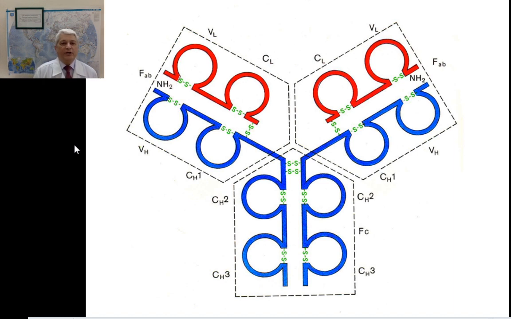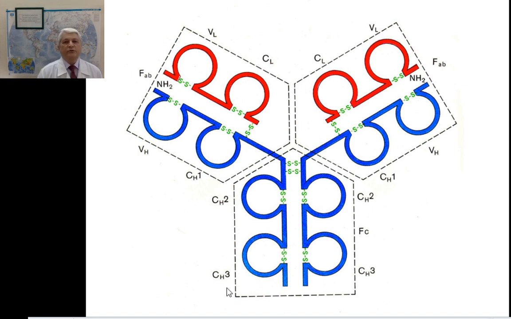Every polypeptide chain, as you very well know, has a beginning and an end. The beginning is the place where the amino acid has a free NH2 group, and the end of the polypeptide chain is where the last amino acid has a free carboxyl group.